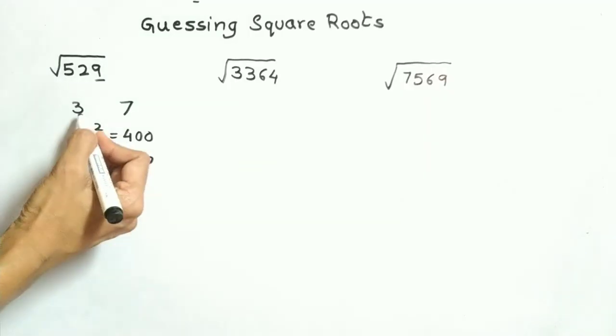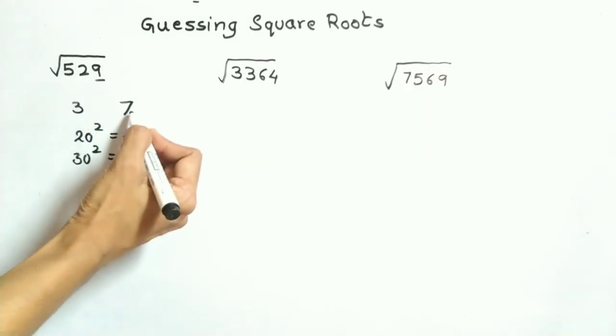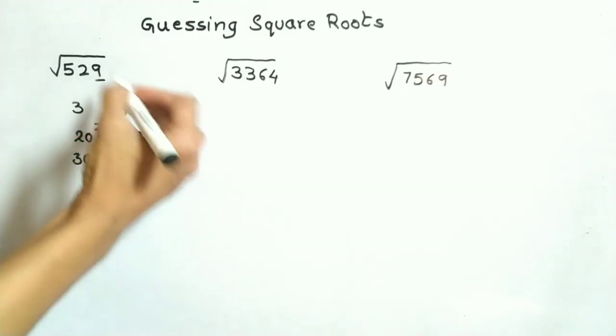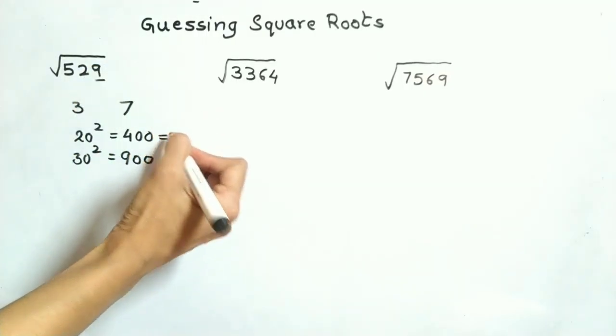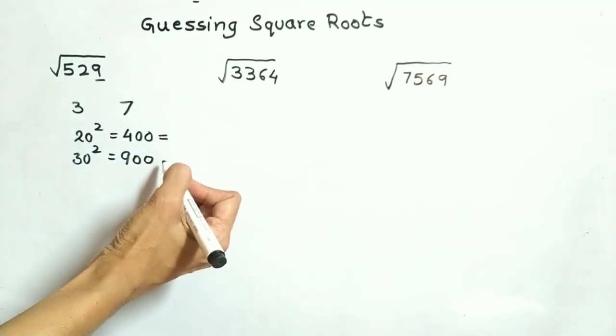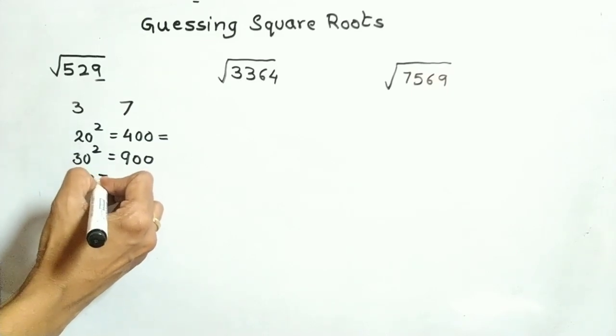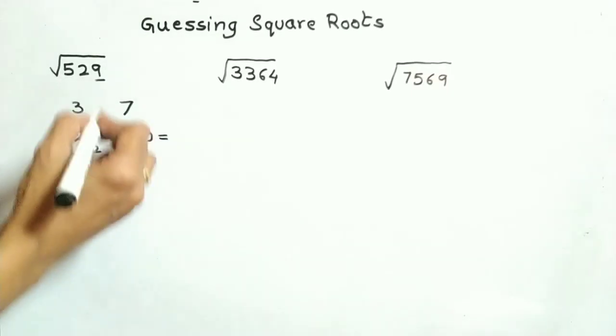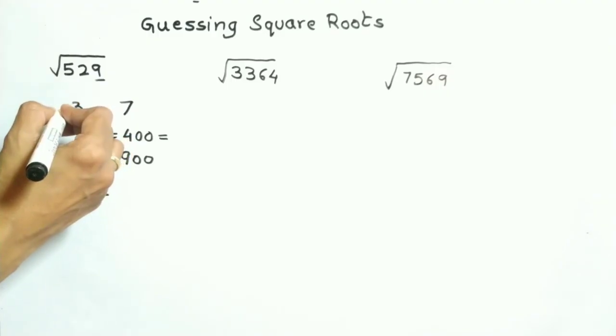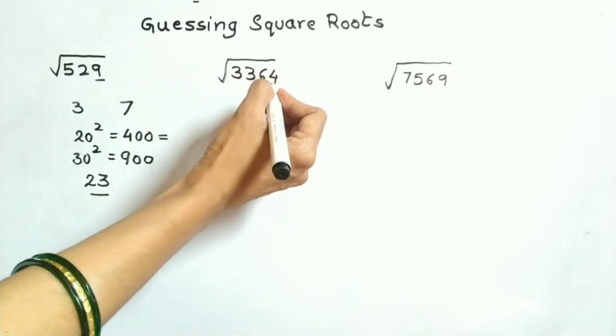So either it is going to be 23 or it is going to be 27. Now 529 is nearer to 400 rather than 900. So here we can guess that the square root of 529 is 23. That is nearer to this number.